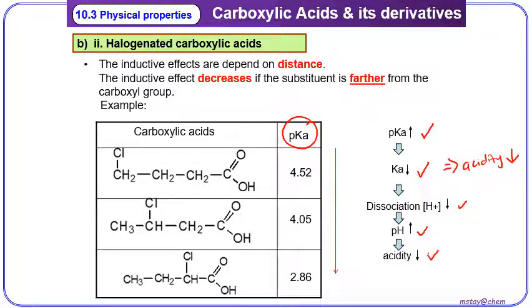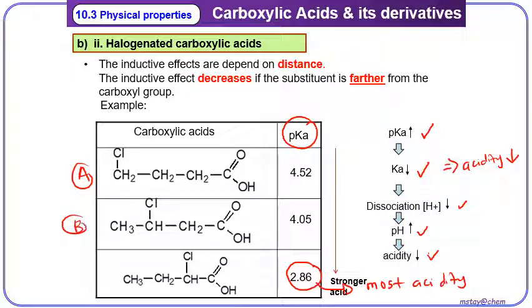So if we look at here, 2.86, the pKa value is the lowest. So it means that this one is the most acidic. When we look at these three carboxylic acids, carboxylic acid A, B, C, all three have chlorine as the EWG. What makes them different is the position.